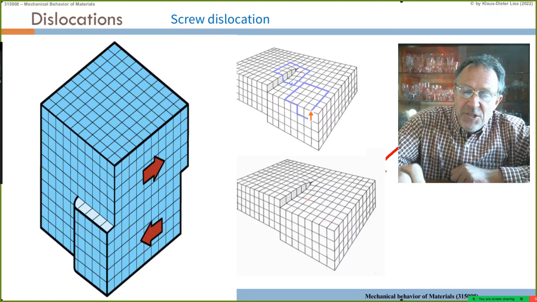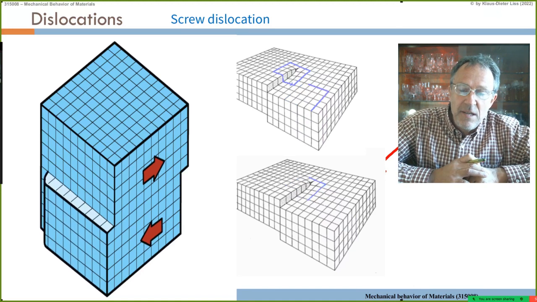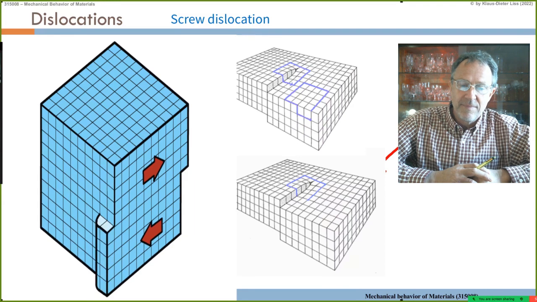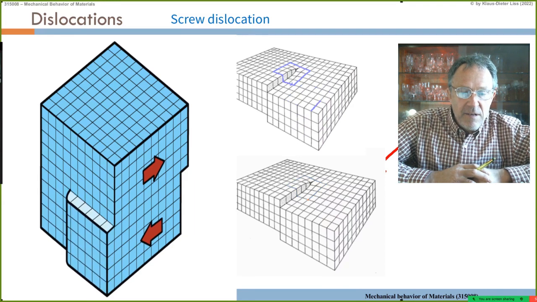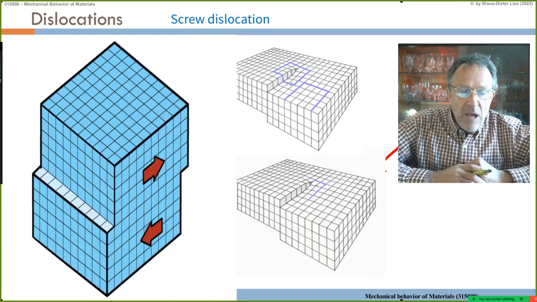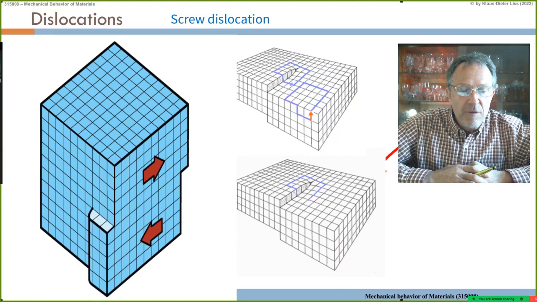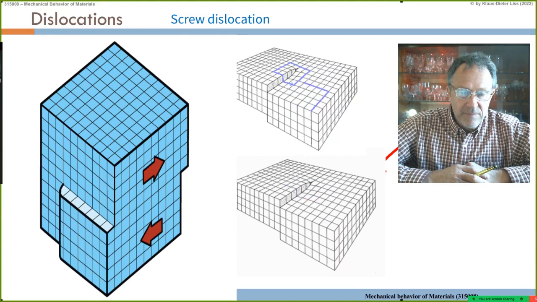You shear that part against the other here in the vertical direction. This is also shown here to the left in that blue animation, where we have the propagation of a screw dislocation while applying shear stress.